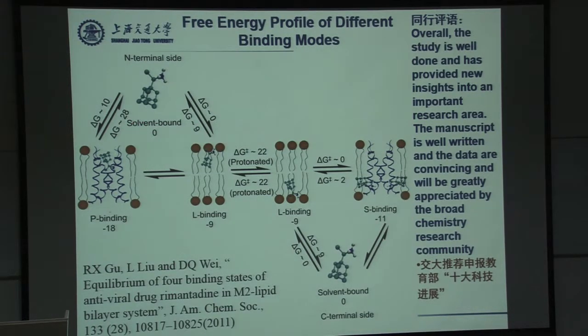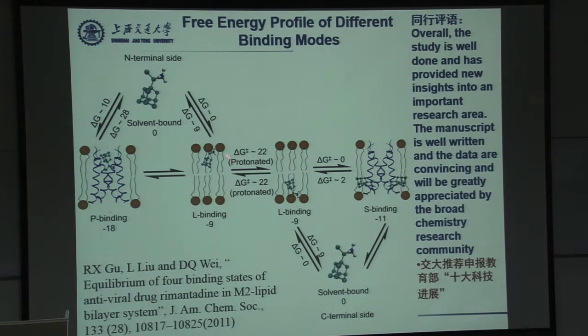So what we want to say is this site is easily accessible, but the binding is less strong. This one is a very strong binding site, but it has to cross a barrier. So this is probably a dynamic or kinetic binding site. This is a small dynamic binding site. So they are all possible.